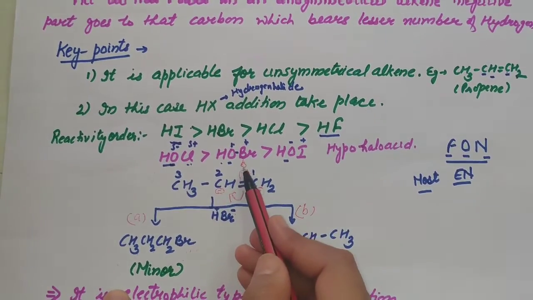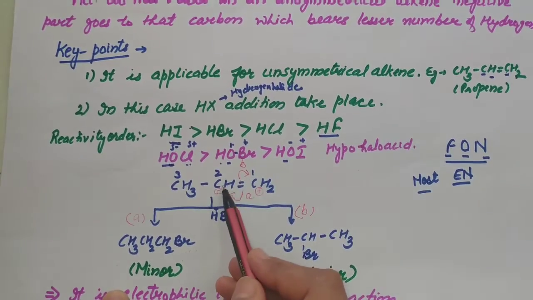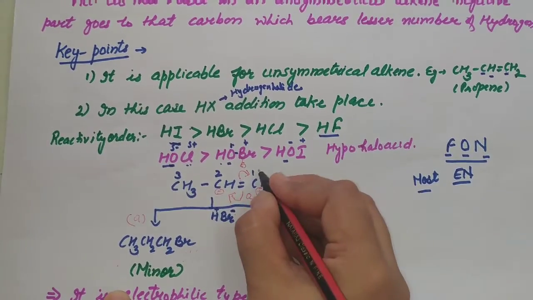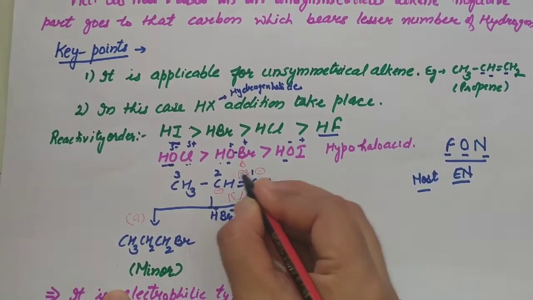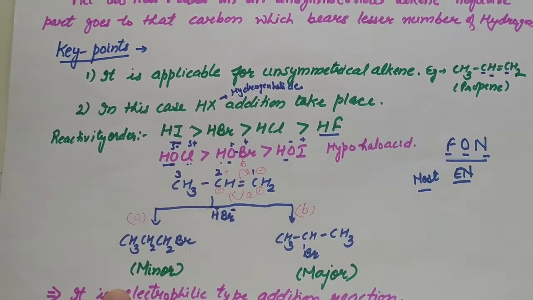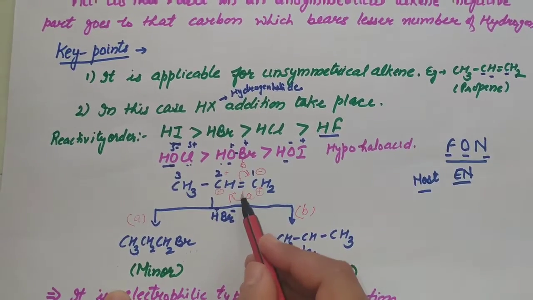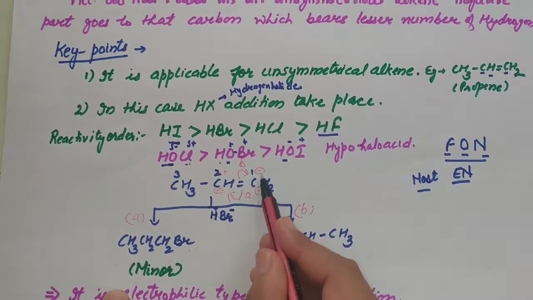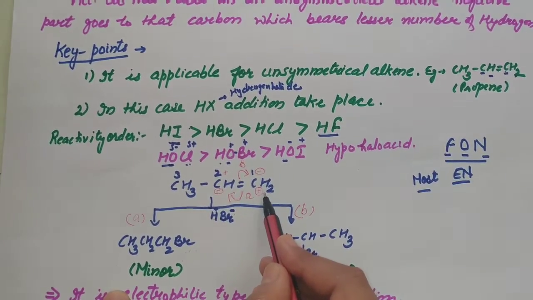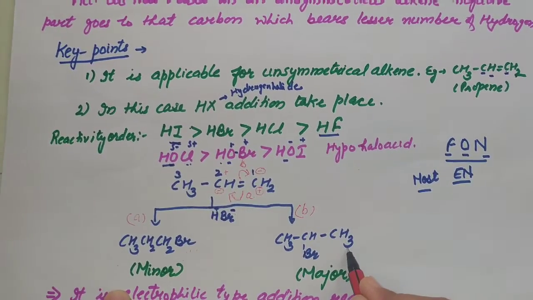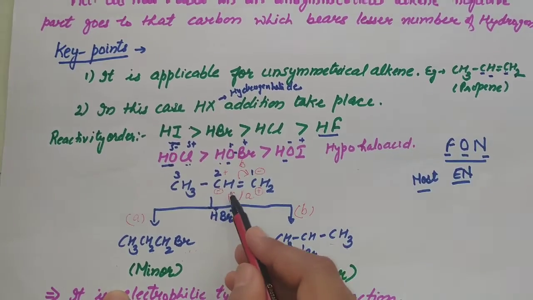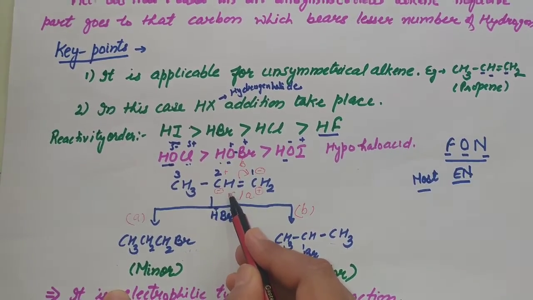Similarly, if we take route B, in this case negative charge will come at CH2 and positive on CH plus. If negative gets this CH2 group, then hydrogen addition takes place at the terminal carbon. So hydrogen is there, so methyl, and the bromide ion moves over to the second carbon.